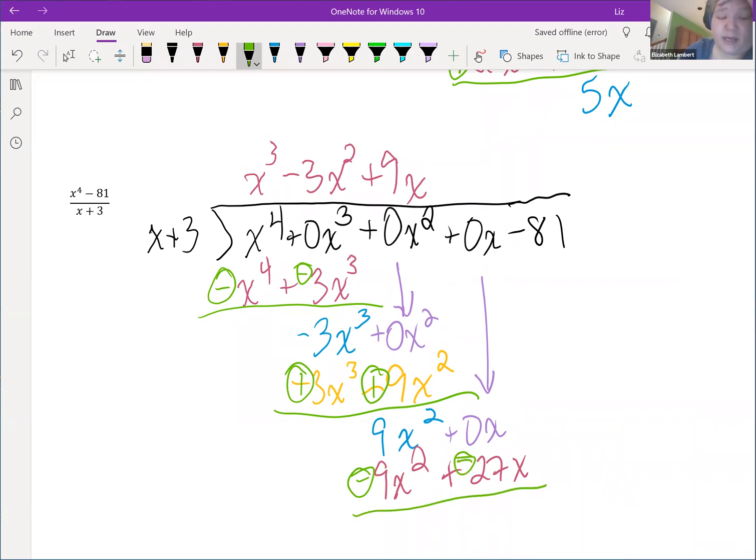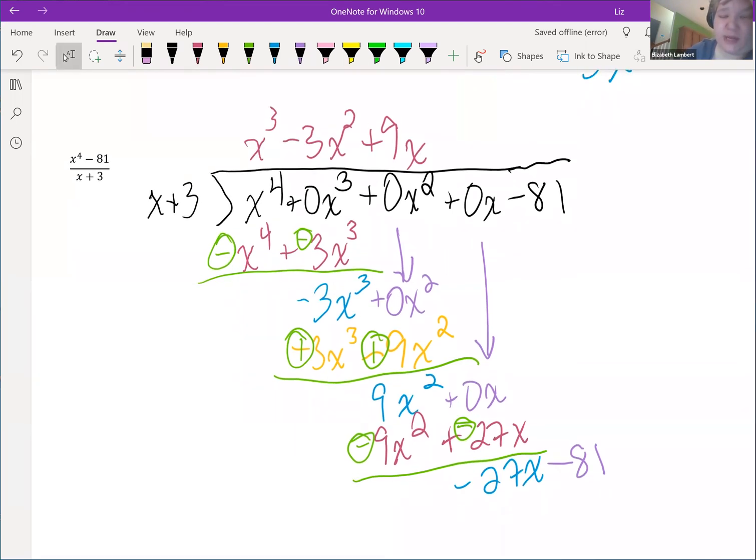So we now get minus 27x, but we also get minus 81. So to take x to negative 27x, we're going to multiply by minus 27. So we get minus 27x minus 81.